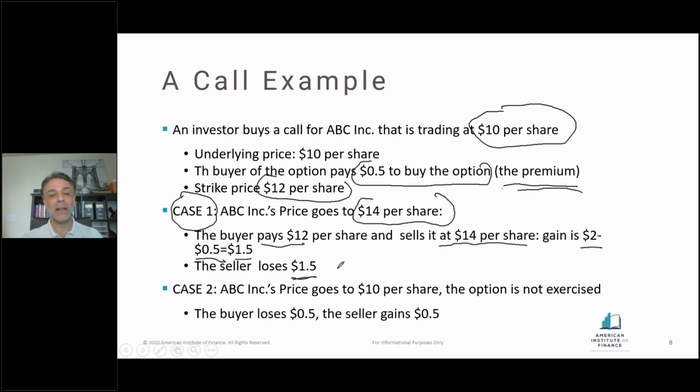I told you that in this particular type of transaction, it's a zero-sum game. You remember, right? I said it just a few minutes ago. It's a zero-sum game, which means what I lose, you gain. What you gain, I lose. Okay? All right. So this was the case where the price per share actually increases after I purchase the contract.